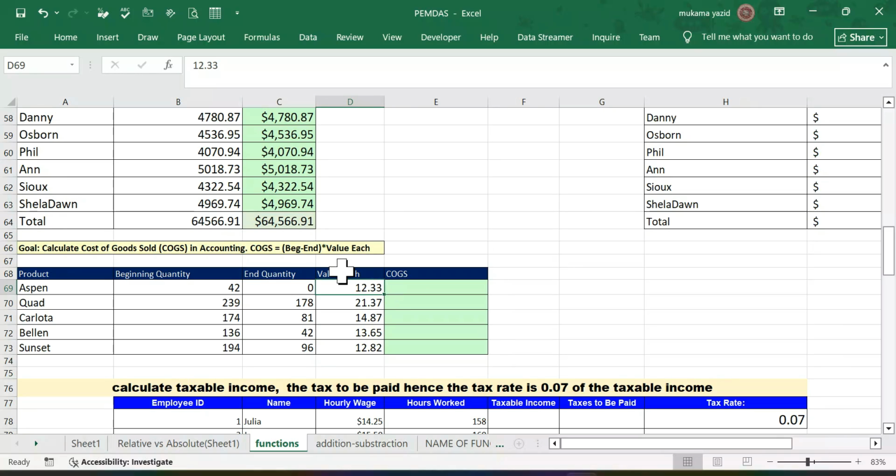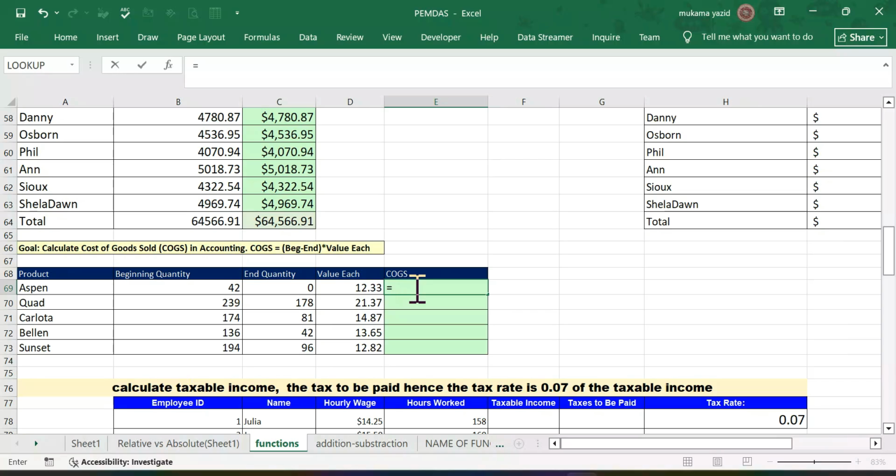They gave us this formula to use to get the answer. This one: cost equals beginning minus end times value. So we just come up and write what they want.